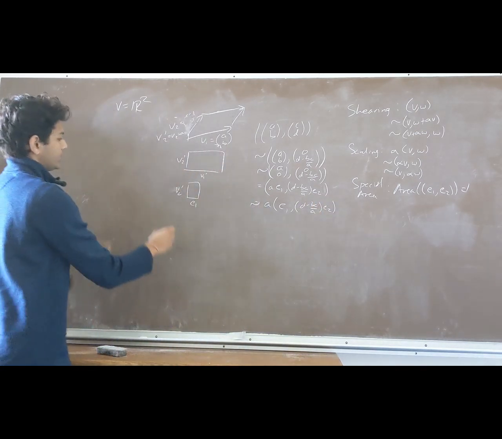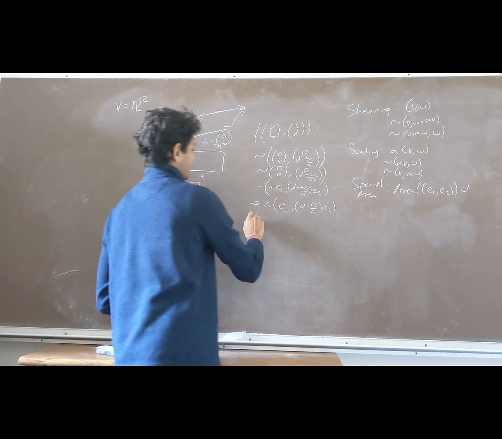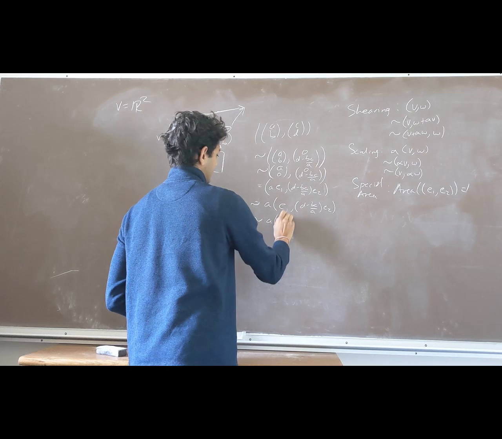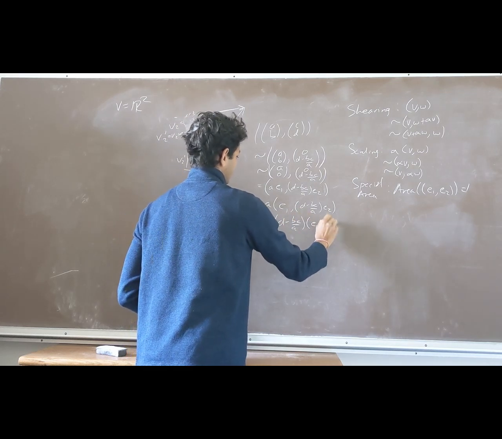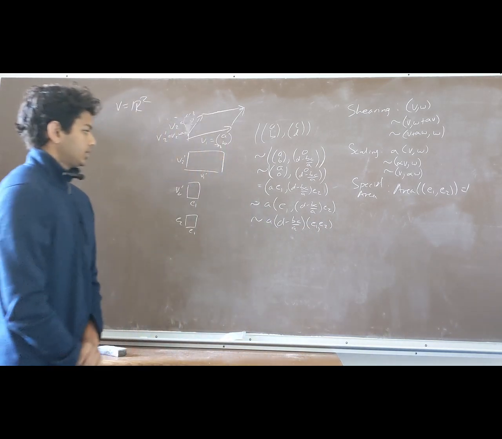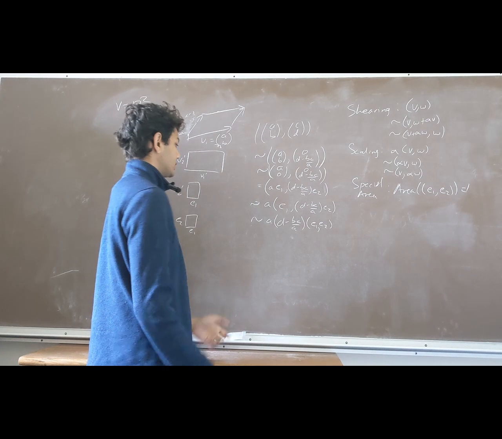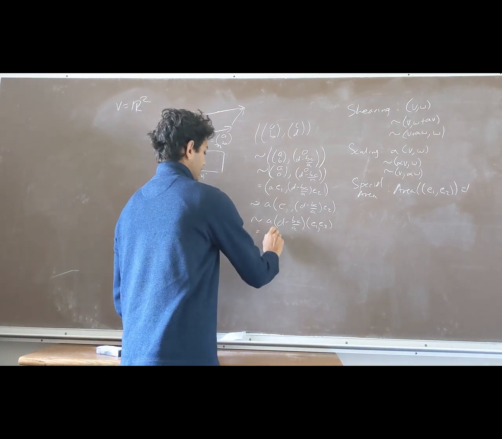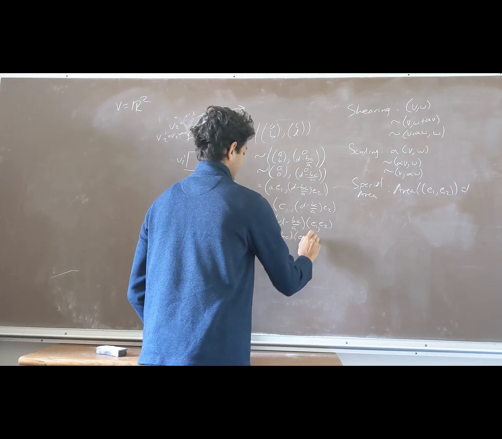And then we can shrink in the second direction and get e1 e2. And then we get that this is equivalent to a times d minus bc over a times the pair e1 e2. And so now, using these axioms, we have reduced everything to ad minus bc times the pair e1 comma e2.